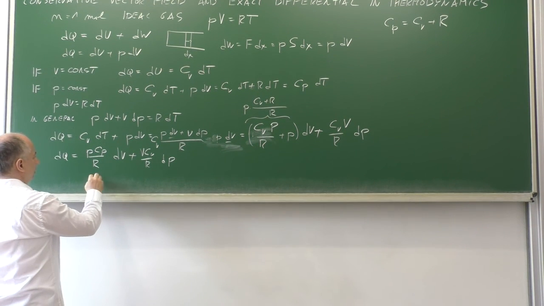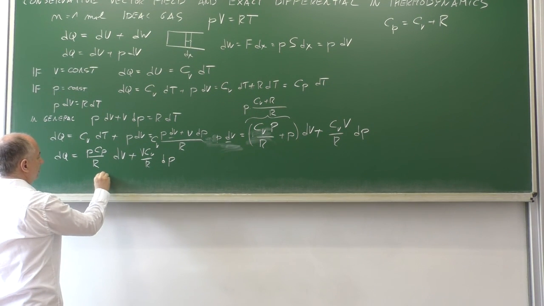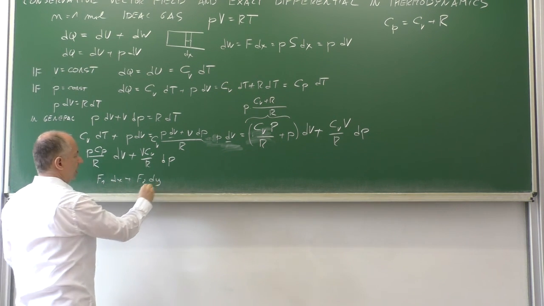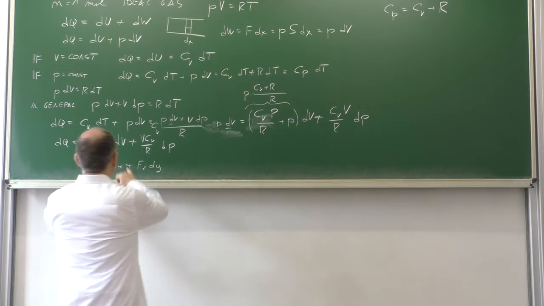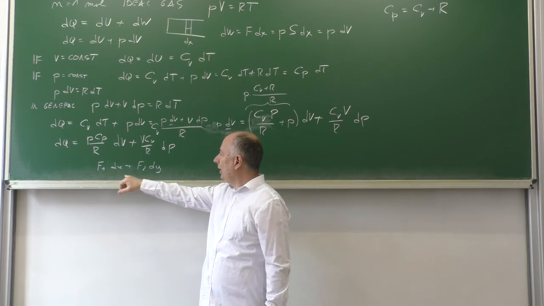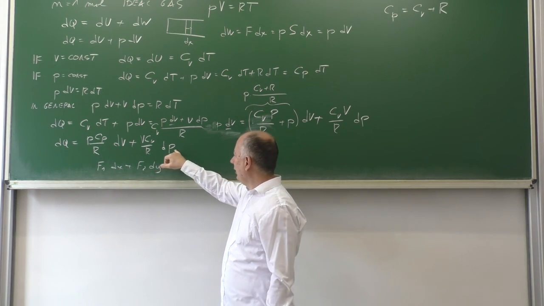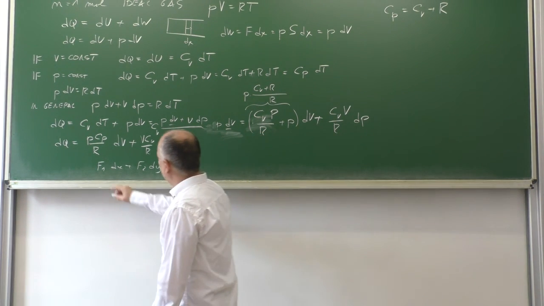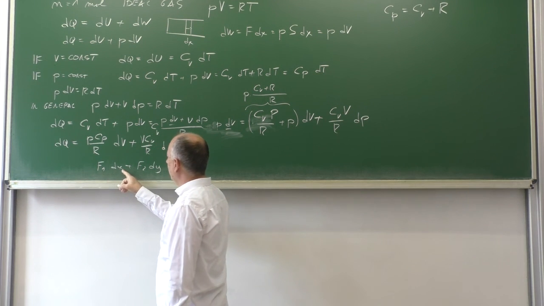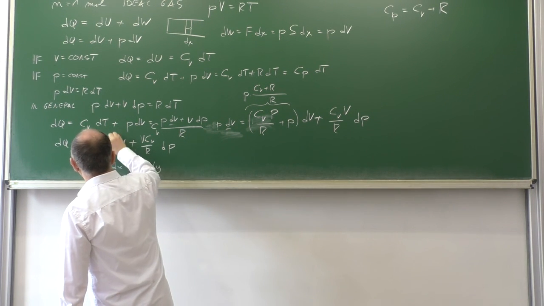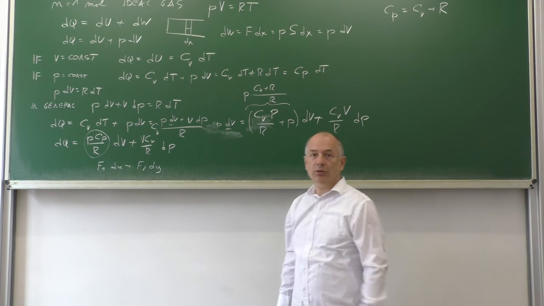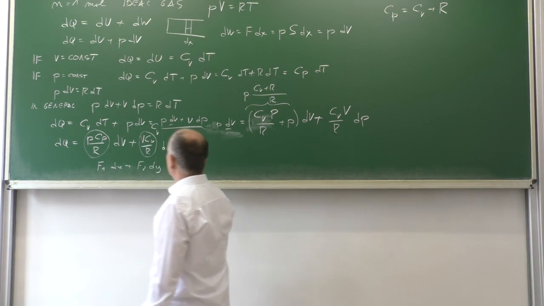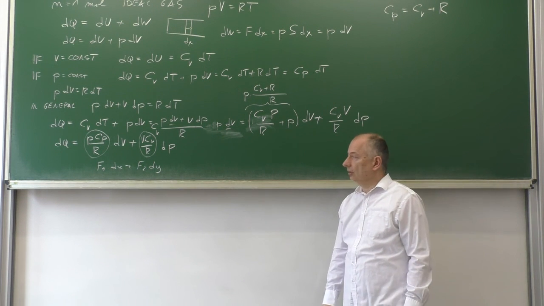And if you remember F1 dx plus F2 dy, then the volume V now plays the role of x, and the pressure P plays the role of y. And F1 is a coefficient at dx, so this is the first component of our new vector field, and this is the second component of our new vector field.